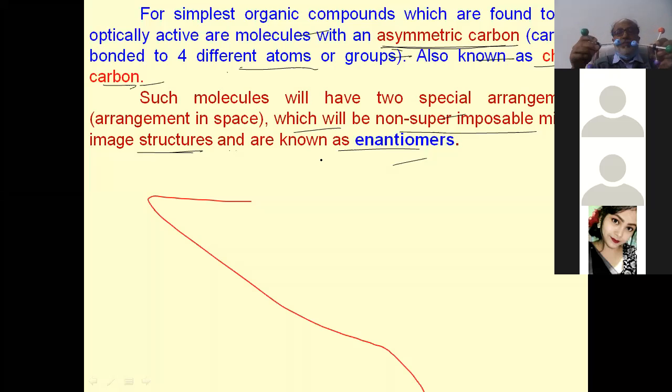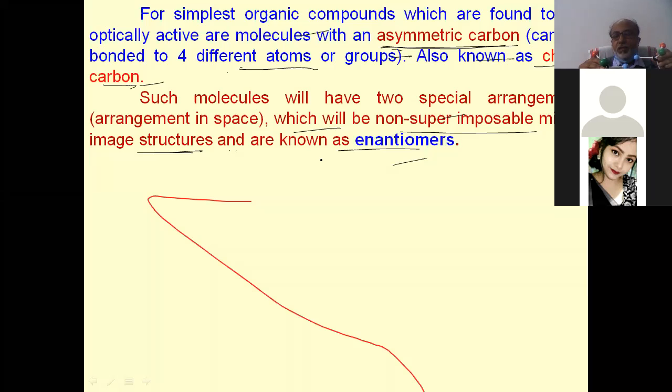If I put it here, are they mirror image structures or not? Yes, sir. And you say that they are the same. But according to this version, they are not the same. They are different structures. How are they different?